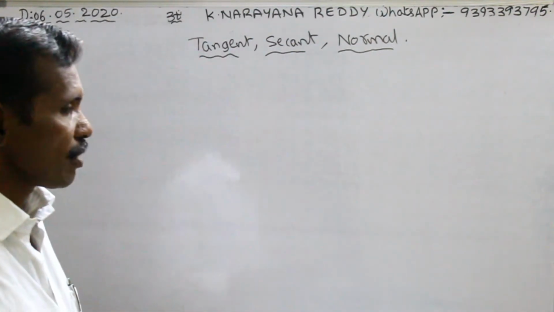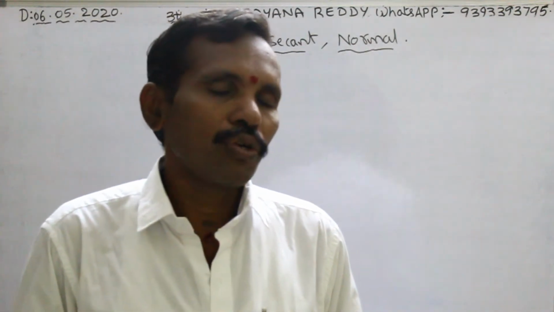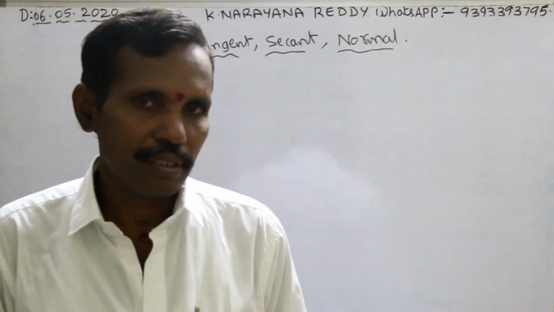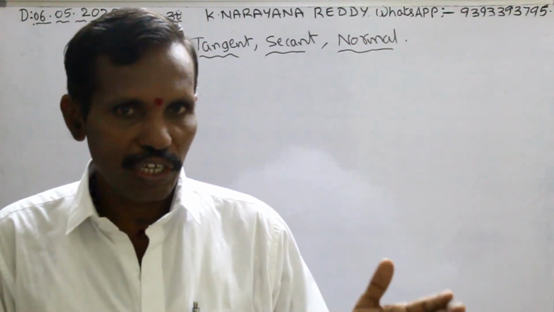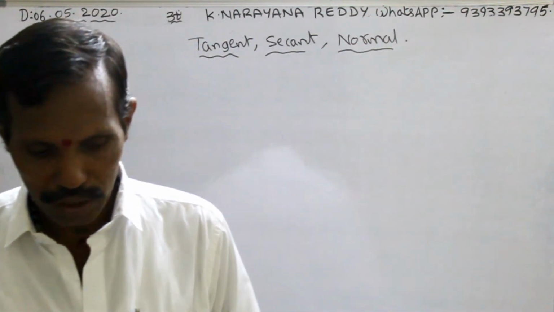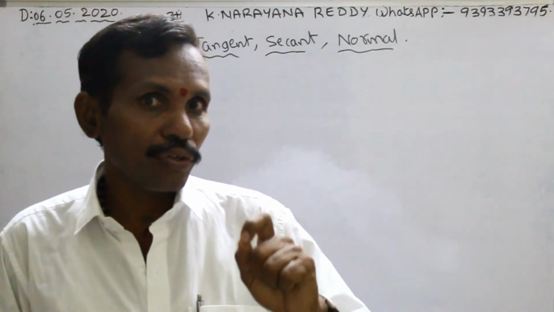See here, first of all we want to know about the derivatives. Already you know about derivatives: differentiation, first order differentiation, second differentiation. But why are these derivatives used in curves?